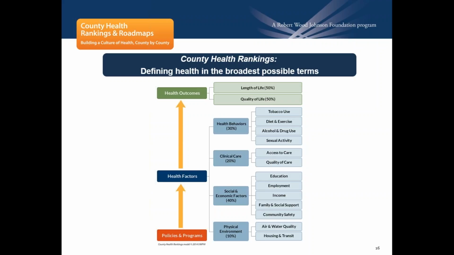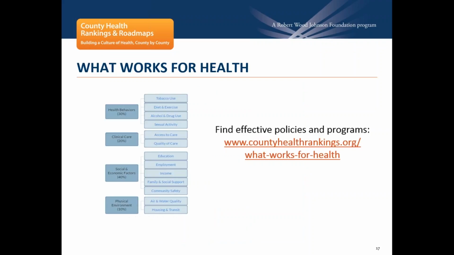Yeah, great. And so we've touched on this, but I think it's worth repeating that the rankings help us see that where we live, learn, work, and play influences how healthy we are and how long we live. As I've been reflecting on the examples Karen has shared today, it gives me great hope that there's a lot of really great work going on, with people doing great work around community health improvement and making their communities healthier.